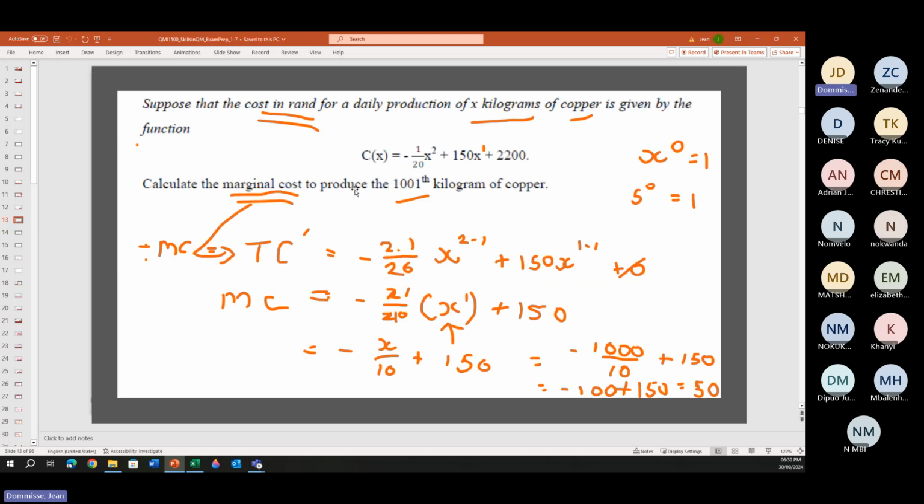Something that they love to do in a question like this, they might put somewhere rands in thousands. Here we didn't have options, but they might have in the options 50 rand, 50,000 rand, 5,000 and 500 rand or something like that.